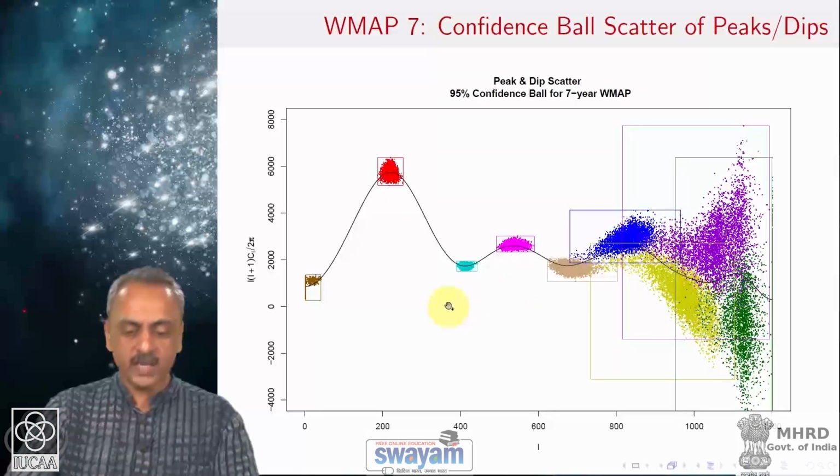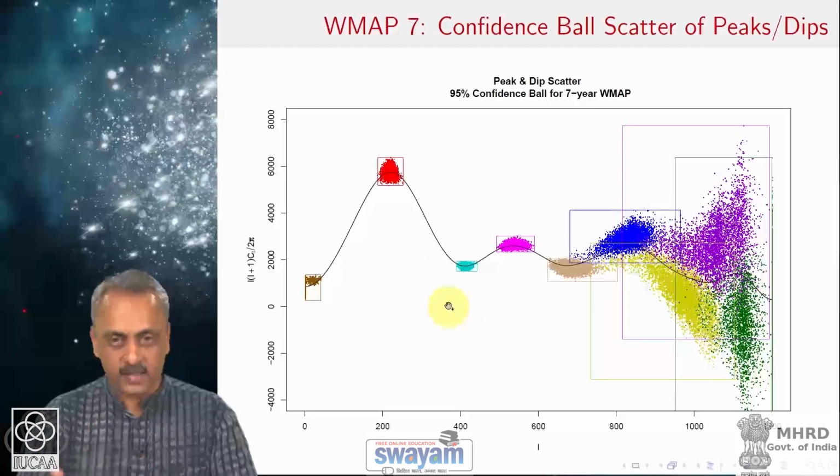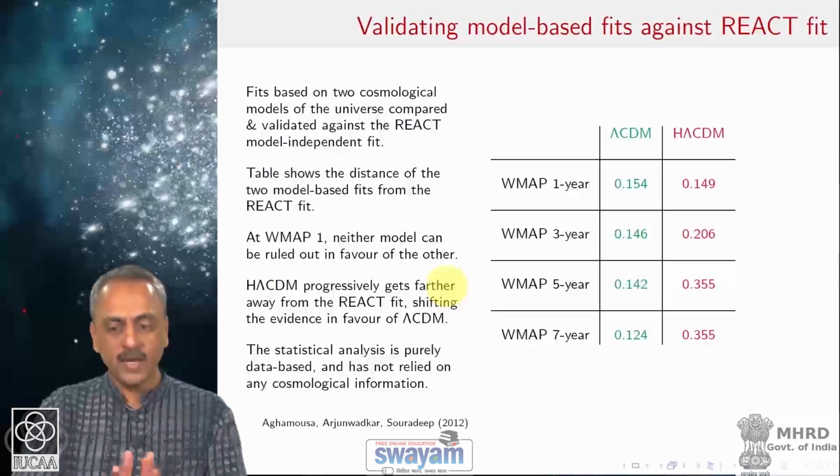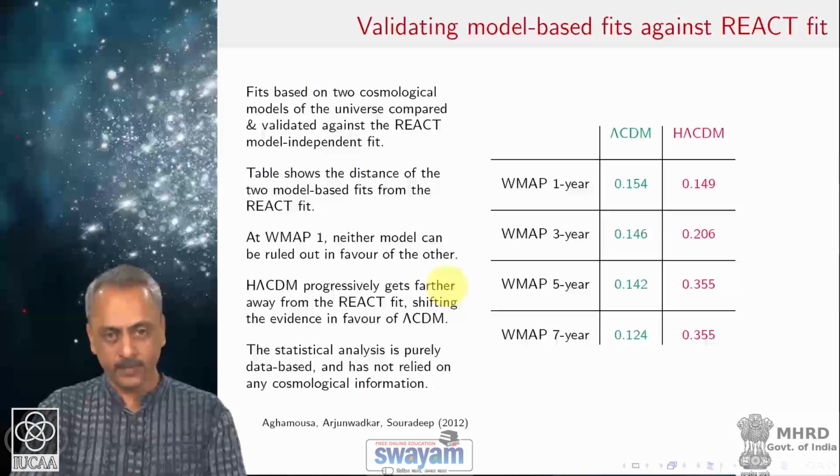The other kind of question one can ask and get answered through this method is, suppose even within the Big Bang umbrella of models, you have several competing models. What can you say about the model based fits and how close are they likely to be to the non-parametric fit?